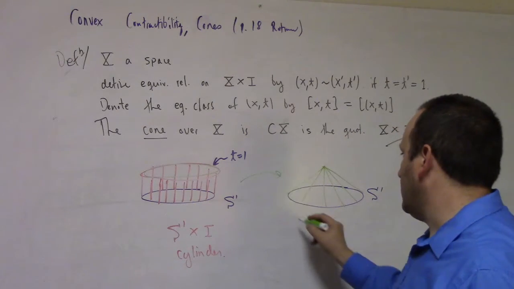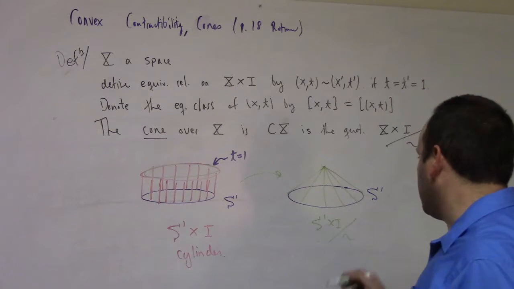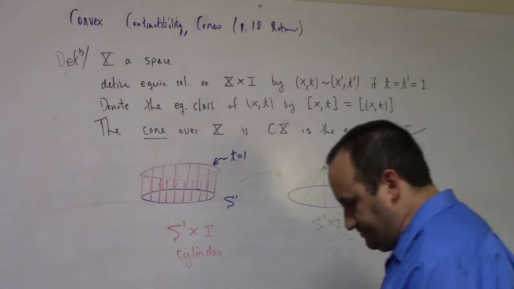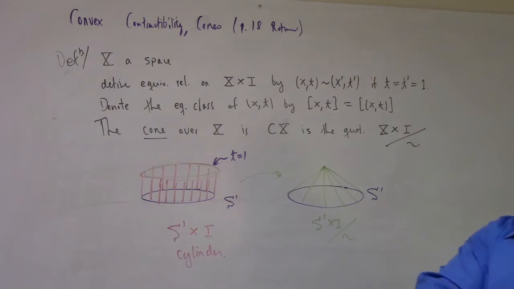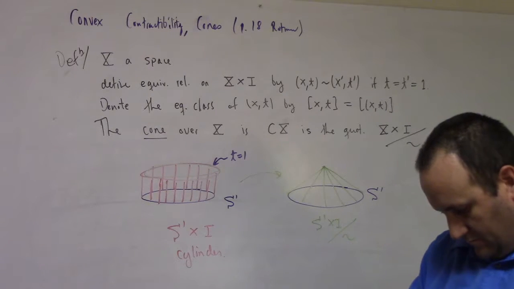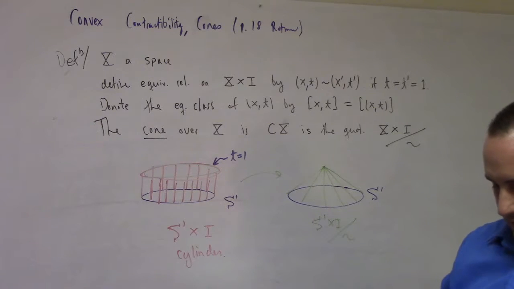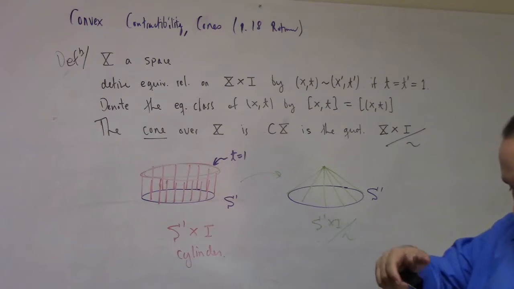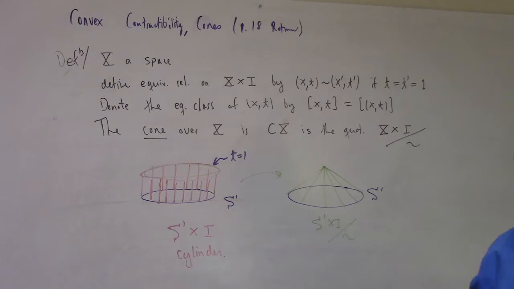So this is S1 cross I mod that equivalence. What is that point at the top called? The vertex. And so what he says is we have essentially introduced a new point V, which was not in X, and we've joined each point in X to V by a line segment.